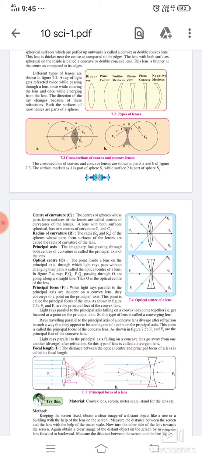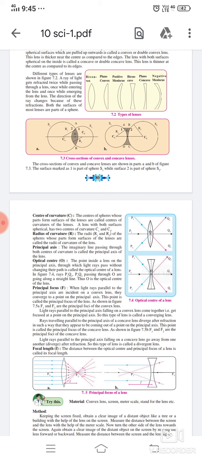What happens when the rays travel parallel to the principal axis toward a concave lens? They diverge. Diverge means they do not come together, they get separated from each other after refraction. That point is called the principal focus of the lens.